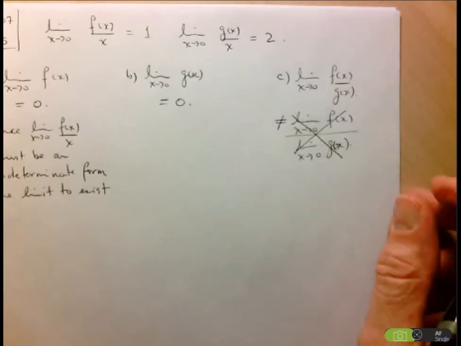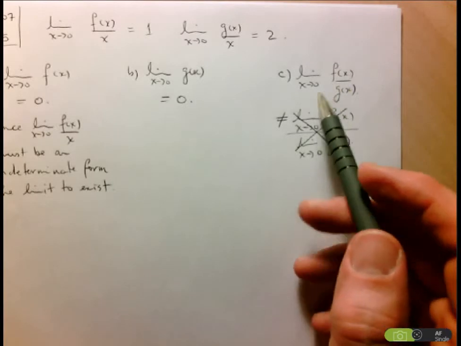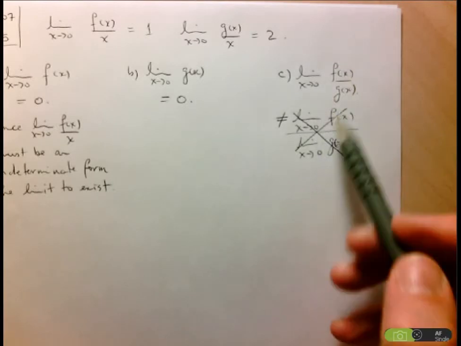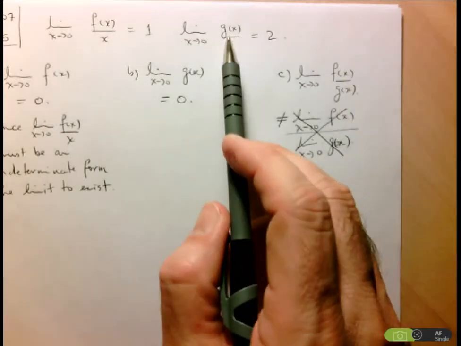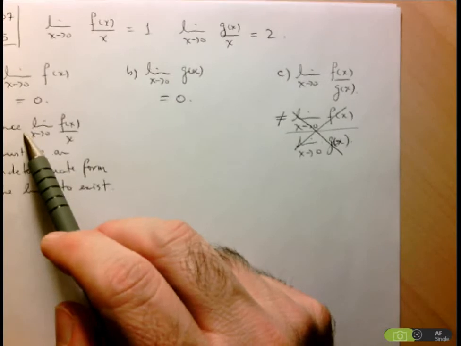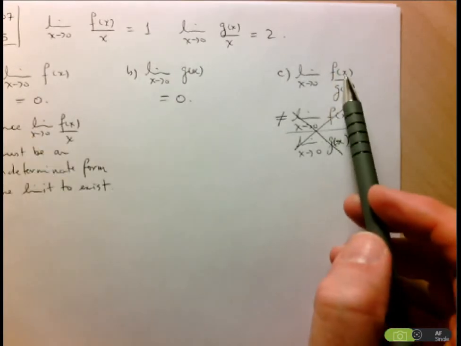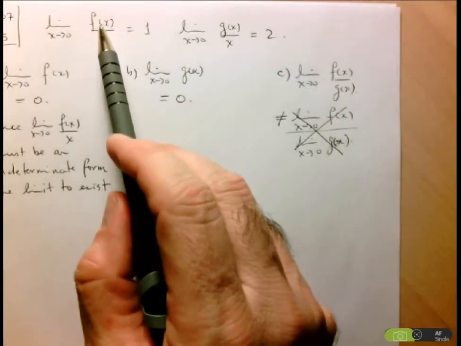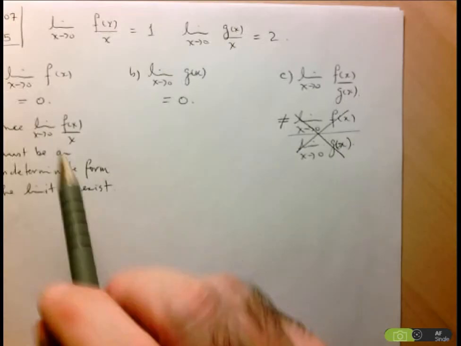Normally we would perform some kind of algebra in order to see if the limit existed, but there's really not much we can do since we don't know what the equations of these functions are. But we do have these given limits. So this is where you have to think, how can I take this expression, f of x over g of x, and make it incorporate these two expressions, which I do know the limit of?